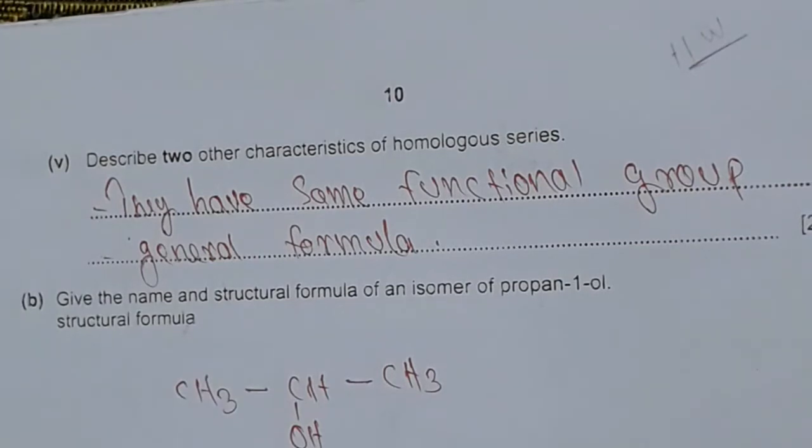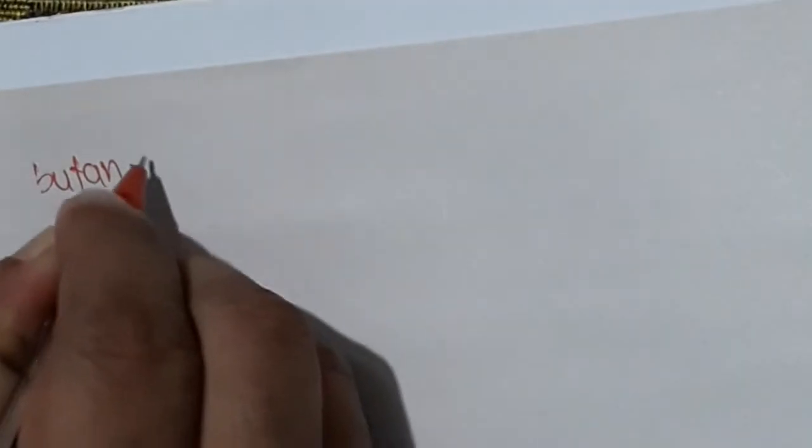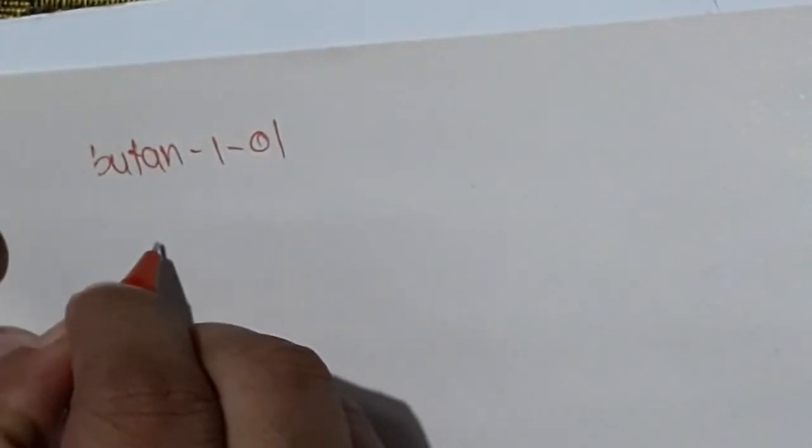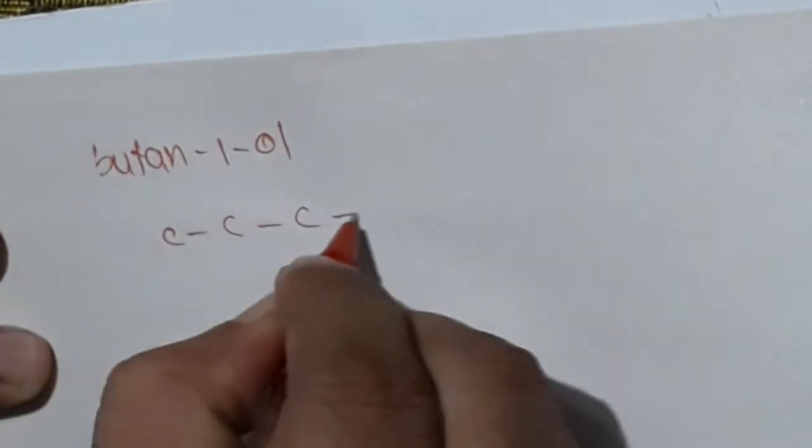Here next one, part B. Butanol is an alcohol with 4 carbon atoms. Here, "but" means 4 carbon.